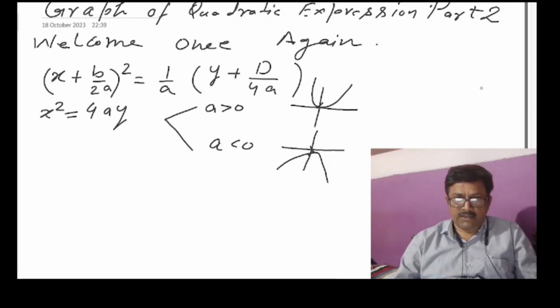Every parabola does not possess its vertex at the origin. In this parabola, the vertex is not the origin. We have studied the vertex is (-b/2a, -D/4a). But if this a is positive, then this parabola will open upward, and if a is negative, then the parabola will open downward. So concept number 1.